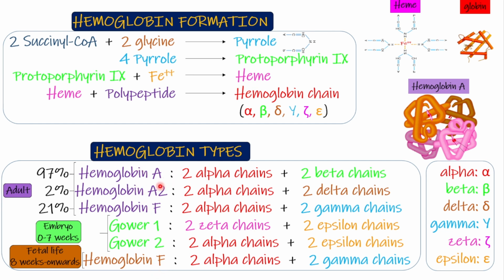The most important among all of them is hemoglobin A, because in adult life 97%, the predominant percentage, is hemoglobin A, which has 2 alpha chains and 2 beta chains. If not specified, when we're generally talking about hemoglobin, most of the time we mean hemoglobin A, which has 2 alpha chains and 2 beta chains. So this is it regarding the hemoglobin structure, formation and its types. See you in the next part.